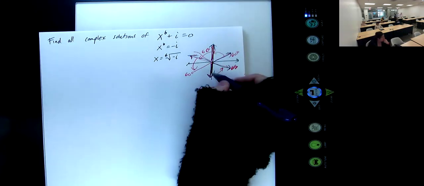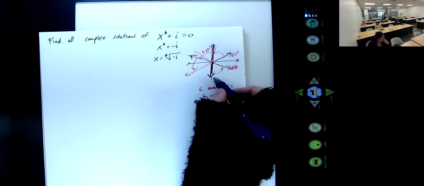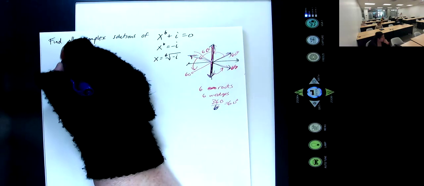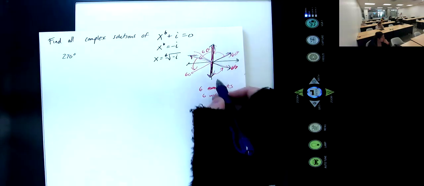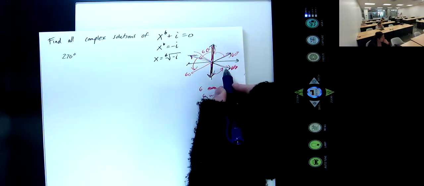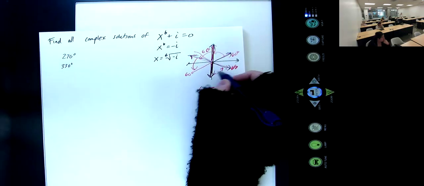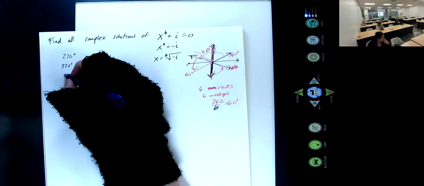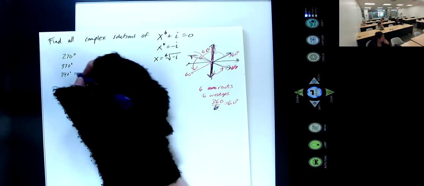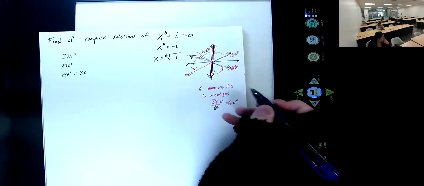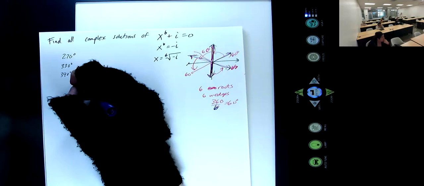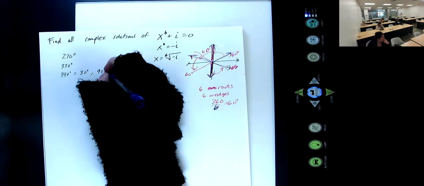So I'm seeing, just graphically, I see 270. Add 60 to that, I get 330. Add 60 to that, I get 390, which is 30 degrees. Add 60 to that, I get 90 degrees.